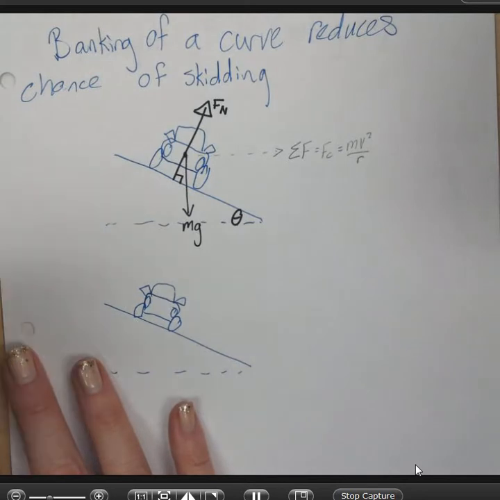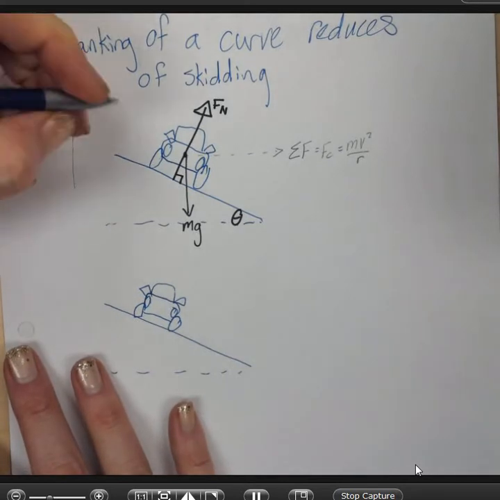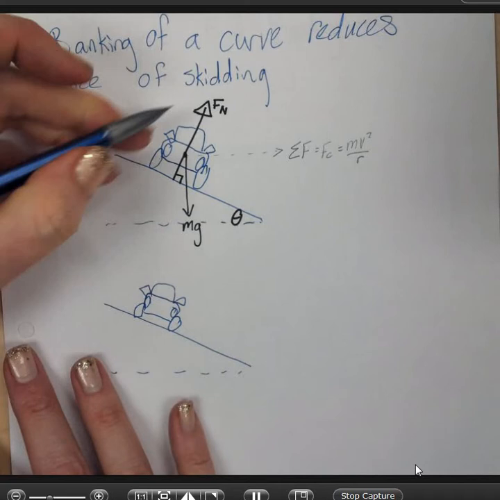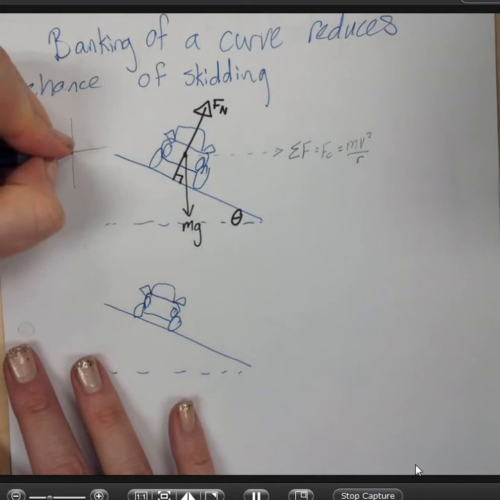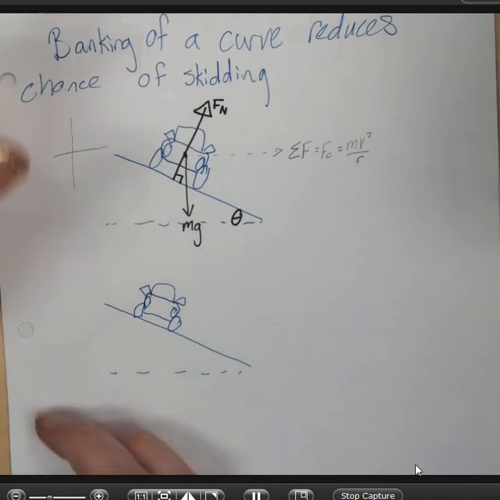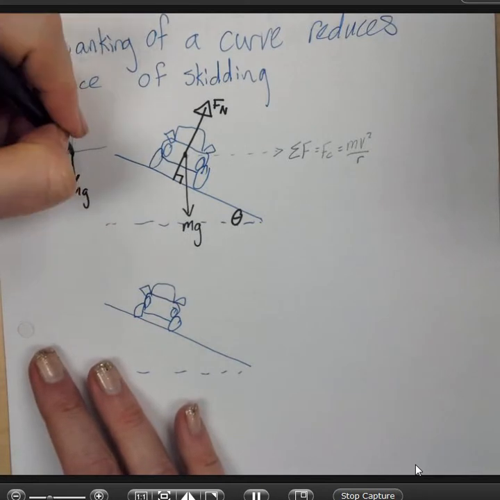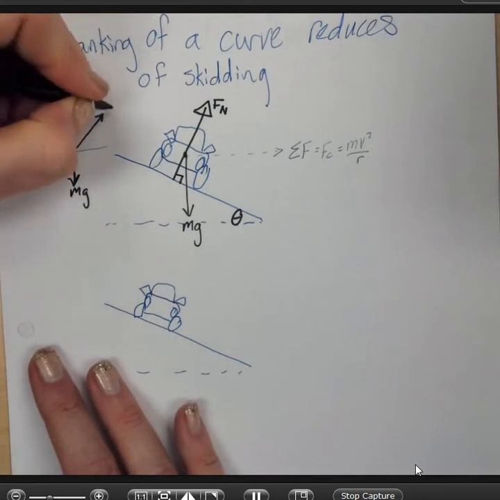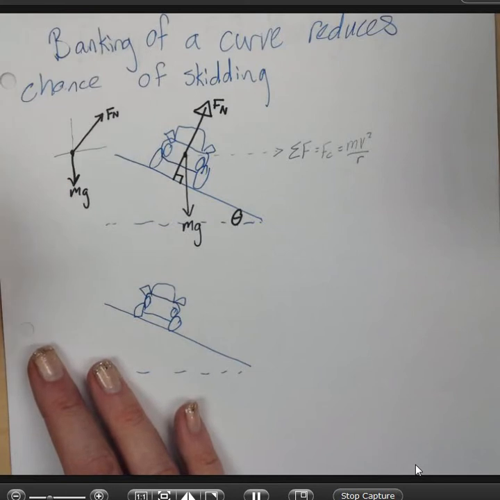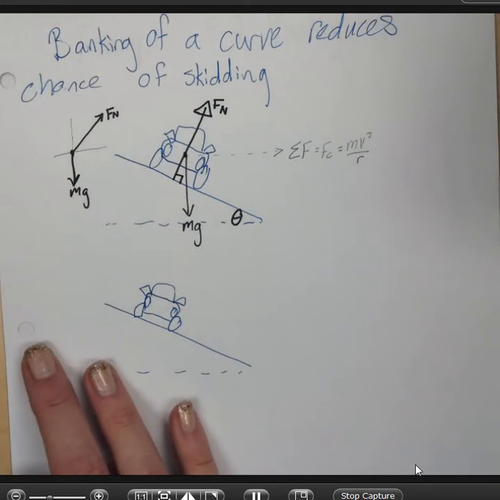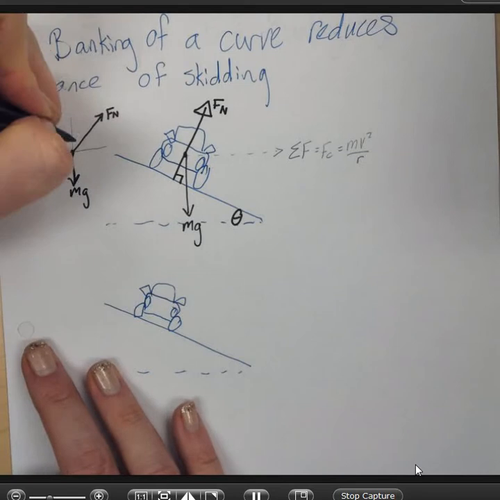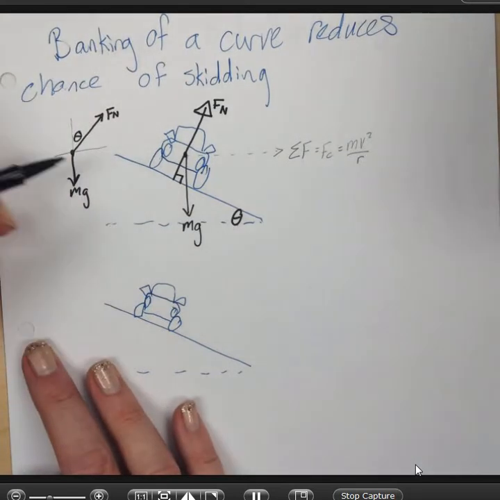So for this particular situation we would tilt our axis, so that mg points straight down, and here the normal force is acting at an angle, which by similar triangles is this angle to the y-axis.